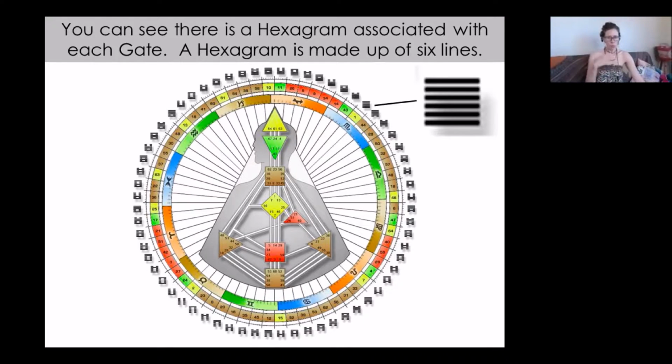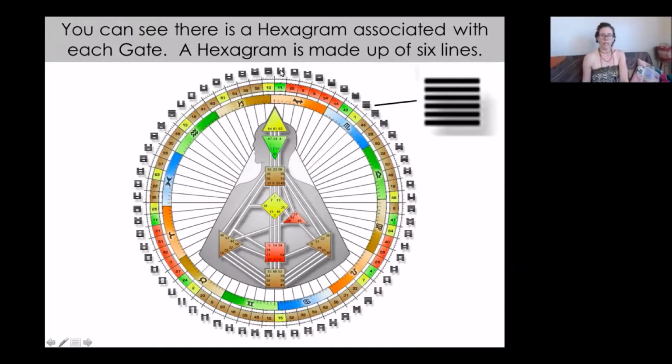You're going to see the hexagrams in the gates that you have activated. Each one of these little numbers in your chart has a profound meaning that you can investigate to learn about yourself and about others.